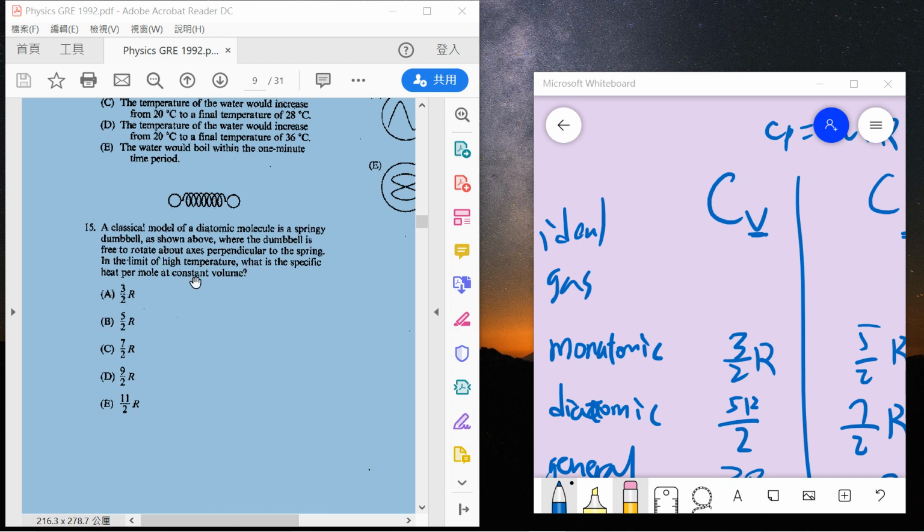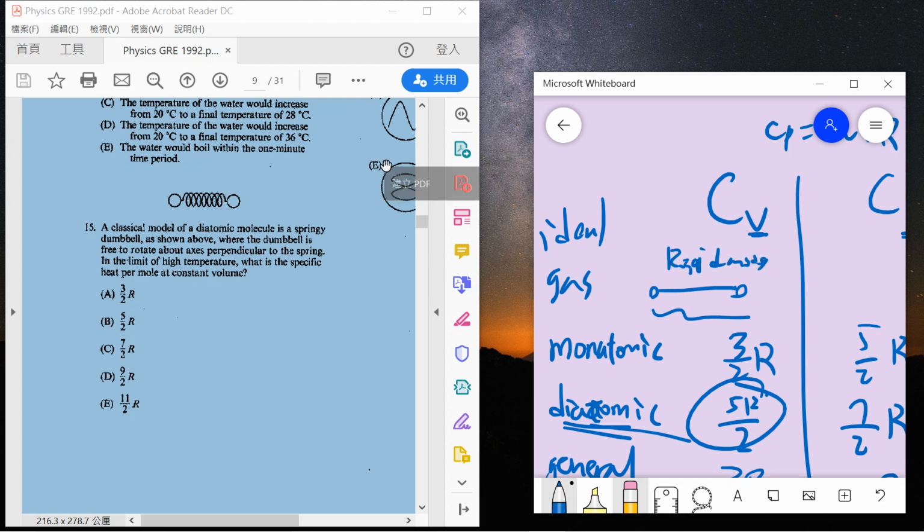Okay, what is the specific heat at constant volume? So we already wrote the answer. But for this one, what we use is the oscillation model.